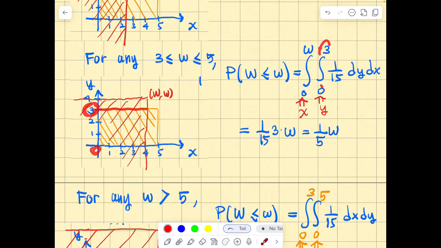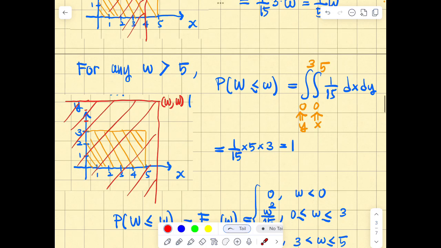But for the x, we're going to integrate from 0 to W, because it's still below 5. So you integrate this 1 over 15, you can take it out, you get 3 multiplied with W, and you get 1 over 5 W.